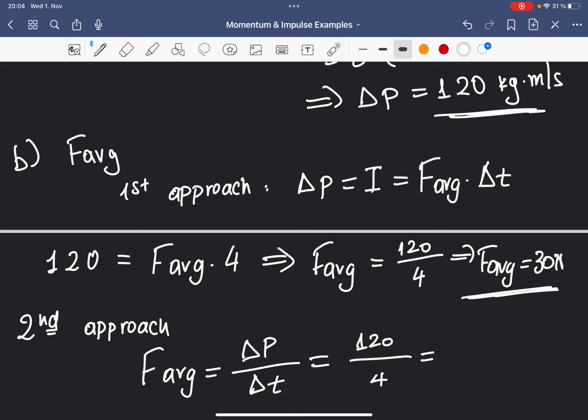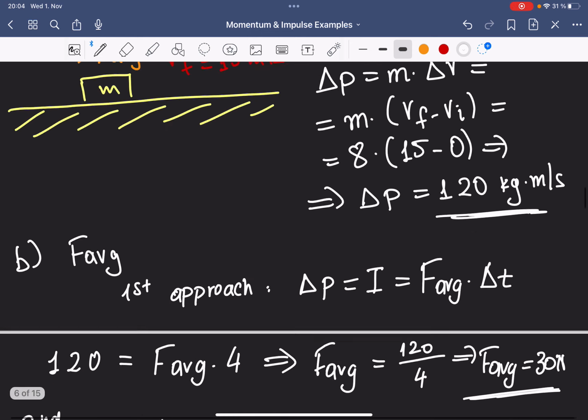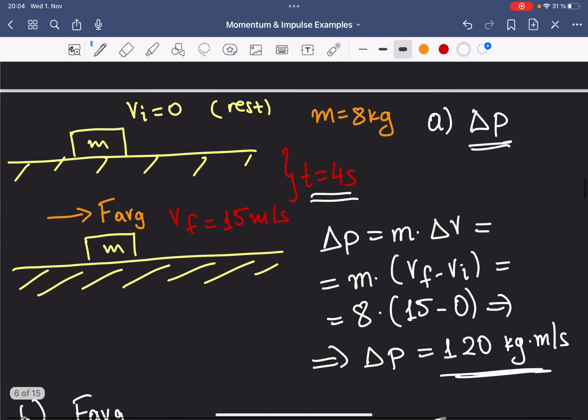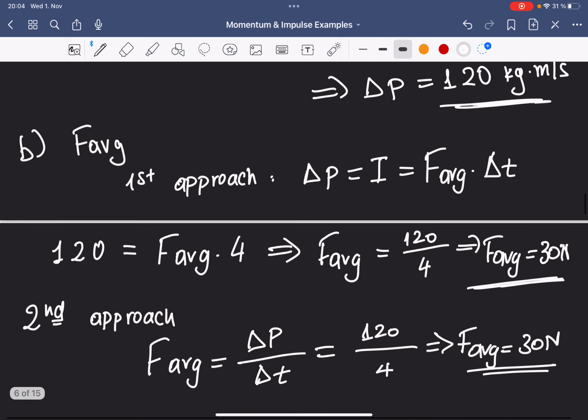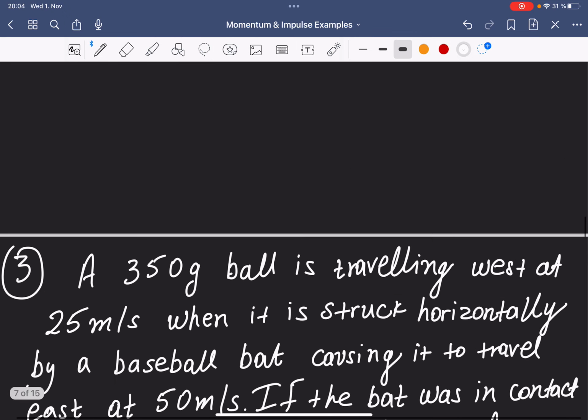Basically you see that we have the exact same number coming from the exact same calculation. That's not random, of course. So this is an example with two different approaches. Is there another question? No.